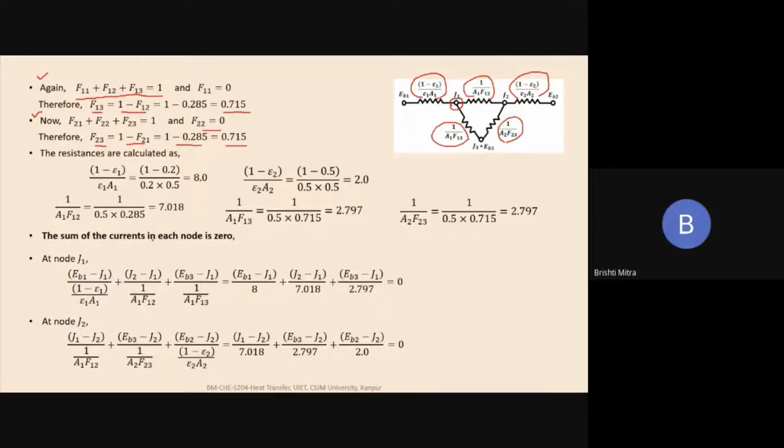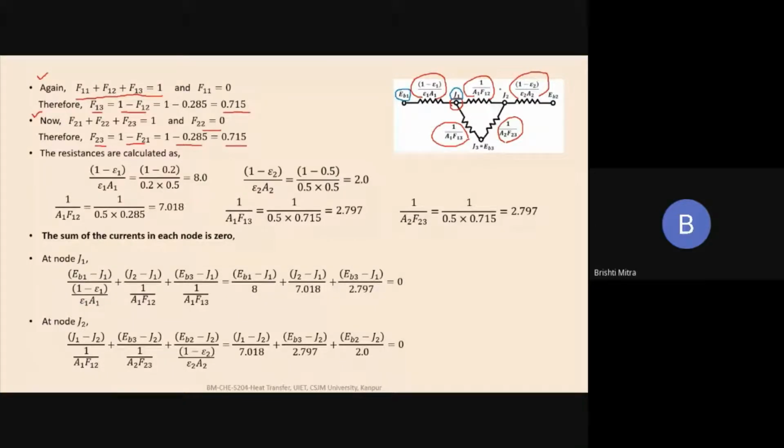So using that fact, I can write that EB1, let me change the color. Just give me a moment. So what do I have? EB1 minus J1 divided by the resistance, that is 1 minus epsilon 1 by epsilon 1 A1. This is the first term.